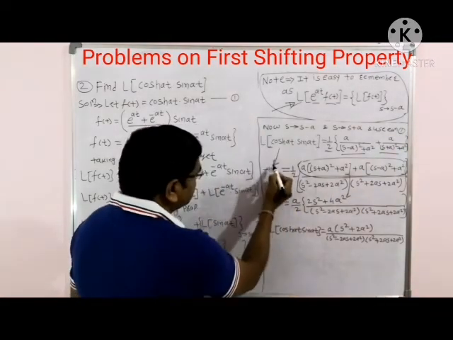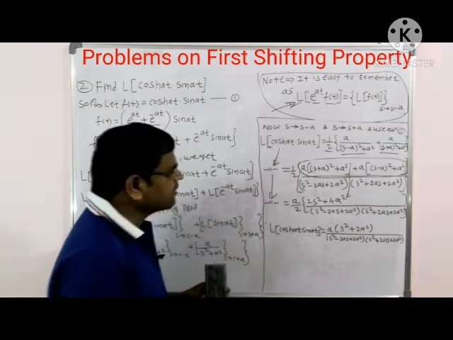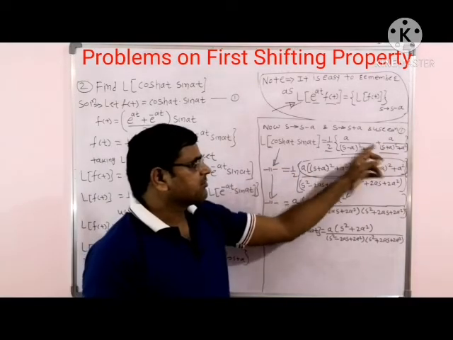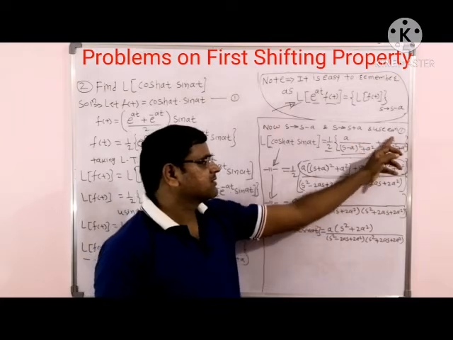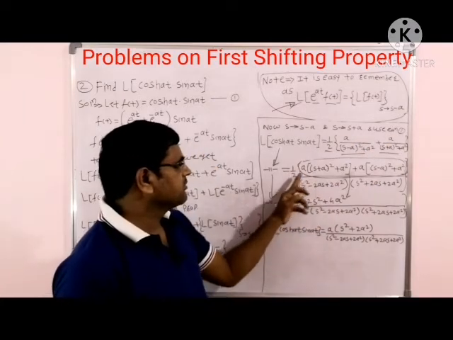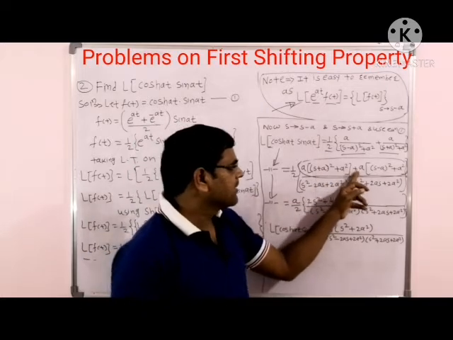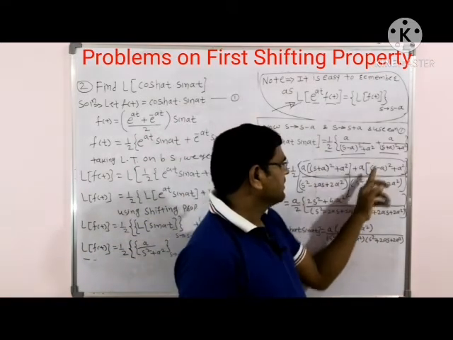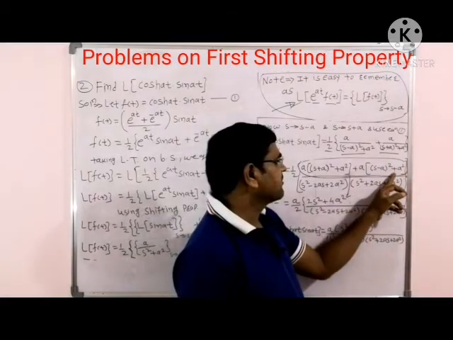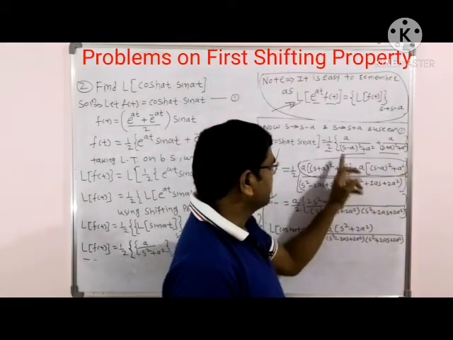So this term is as it is. Now taking cross multiplication of these terms, we get 1 upon 2 into a [(s plus a) whole square plus a square] plus a [(s minus a) whole square plus a square], divided by the product.